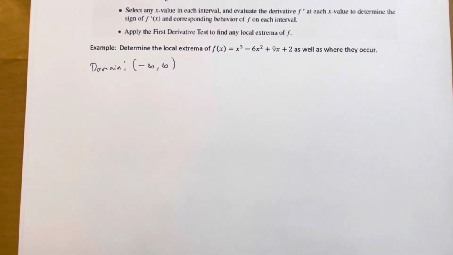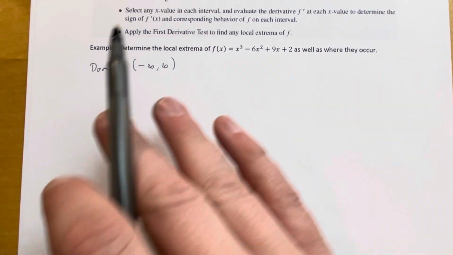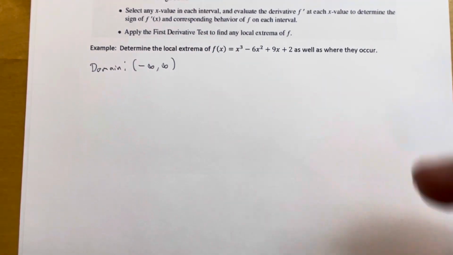So that would be a discontinuity. Critical values cannot occur at discontinuities, but they can occur where a function fails to be differentiable. That's kind of a subtle difference, and not a lot of examples will actually see the difference between those, but it's possible that you get a partition number that's not a critical value.